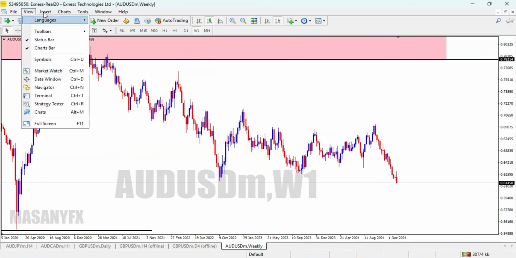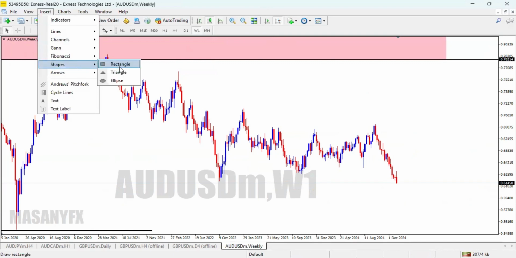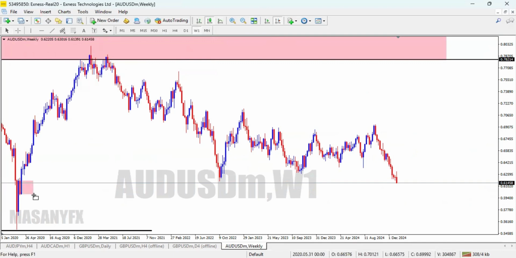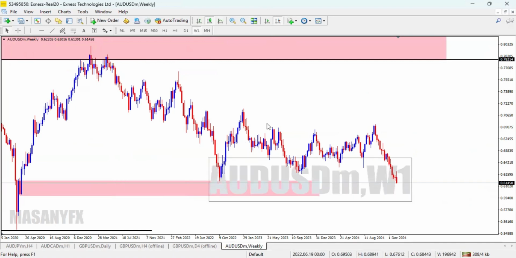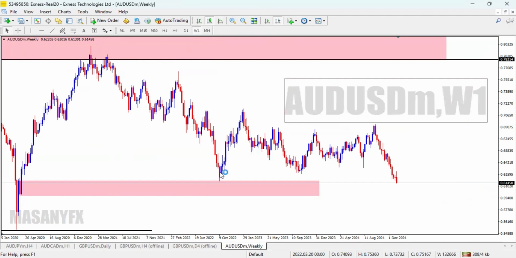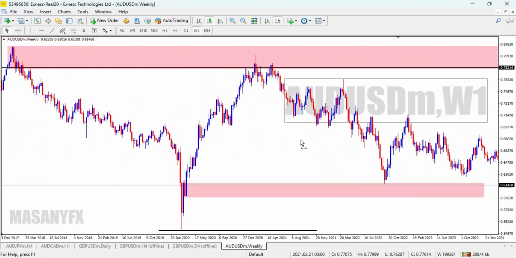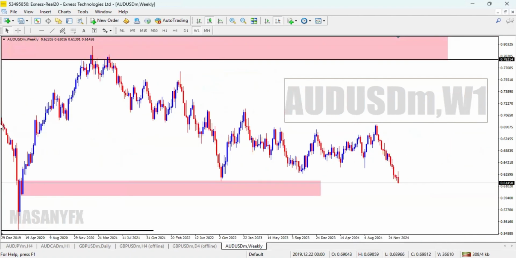Here we have a very strong demand zone. I want to see if this demand zone is mitigated. The demand zone is mitigated. So the price is coming back again to this demand zone, which is a rally base rally demand zone.